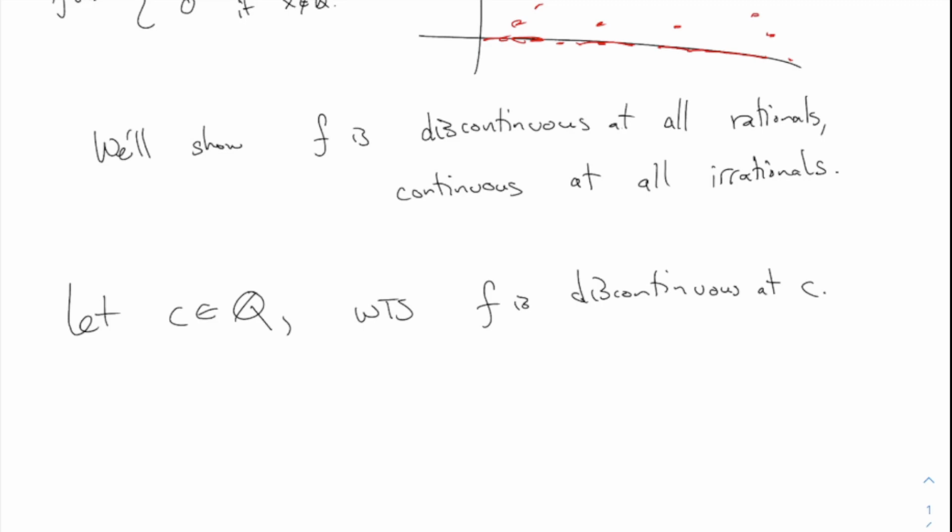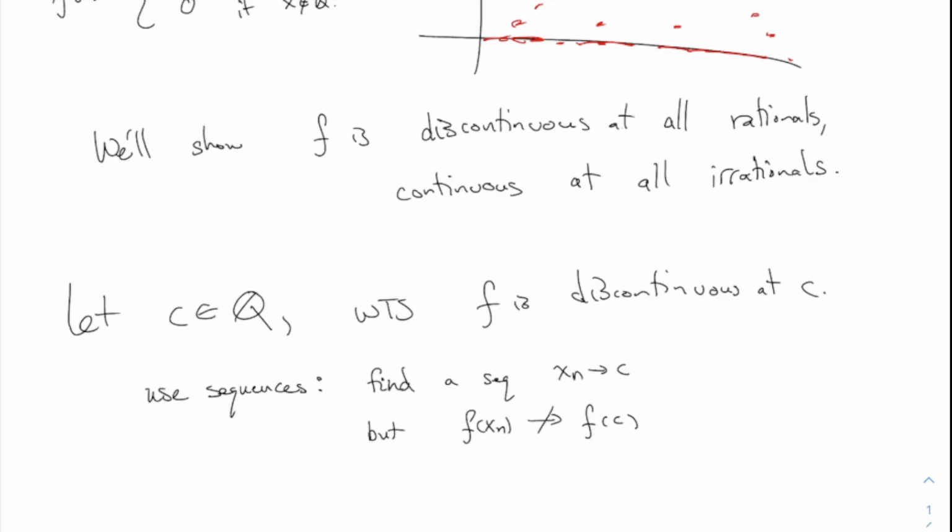So we're going to use sequences. What we want is to find a sequence, say x_n, which converges to C, but f of x_n does not converge to f of C. Because if f is continuous, it means whenever you have a sequence, the f of that sequence converges to the f of the limit of the sequence.